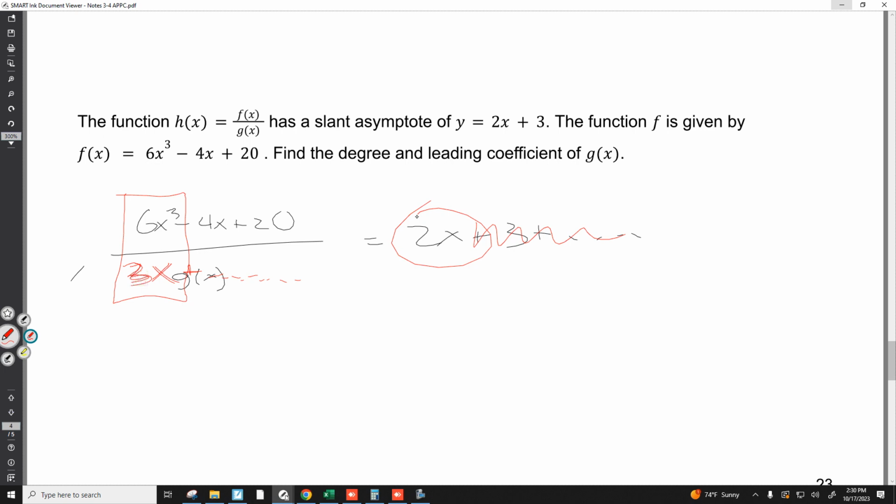Is there a plus 3 after it? Sure. Sorry, 3x squared. So the degree is x squared. The leading coefficient is 3. We could have also figured that out by taking that and dividing it by 2x plus 3, but it just takes longer to do. Not much longer, though.